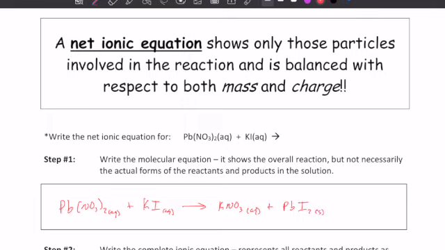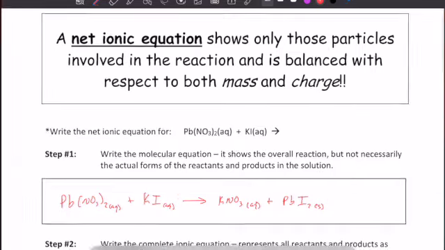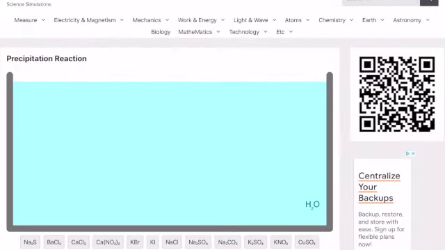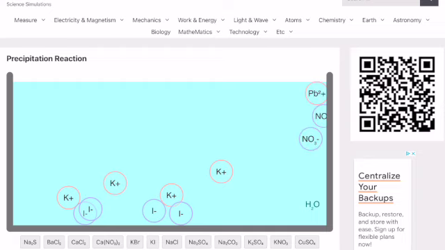Okay, if you remember the simulation that we used, I'm going to put a couple of potassium iodides in there. Actually, let me turn this off real quick.